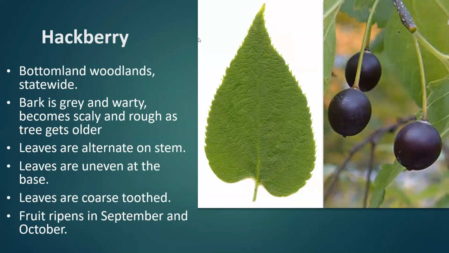The leaf is what most people call cordate shaped, so that's heart shaped. It is singly serrated, and the real big characteristic that I utilize to identify hackberry is the base of that leaf. If you can see how uneven it is at the base of that leaf, on one side it's shorter, one's bigger.